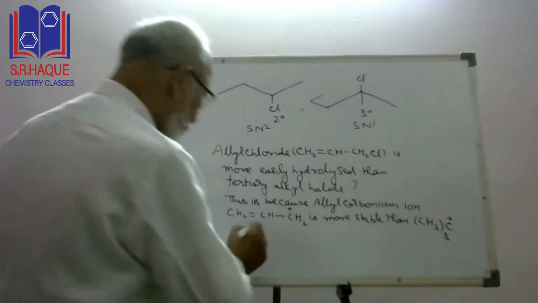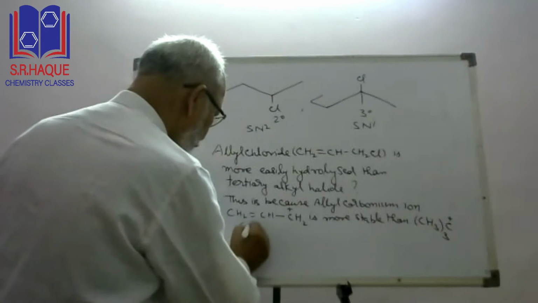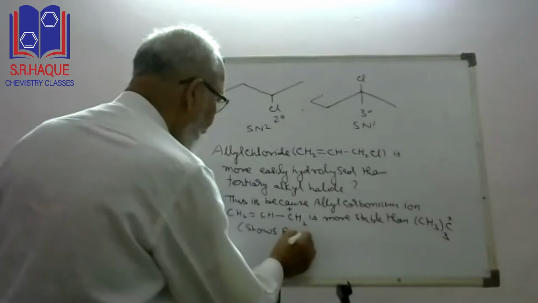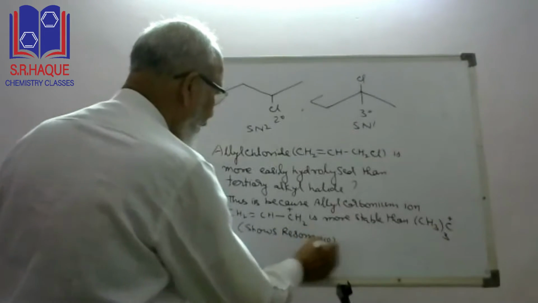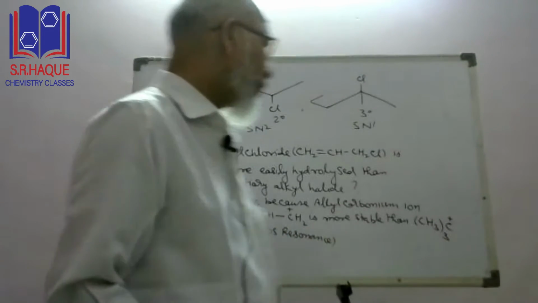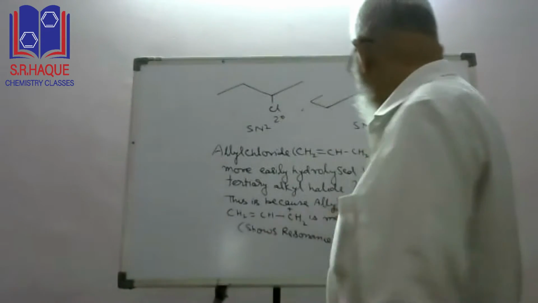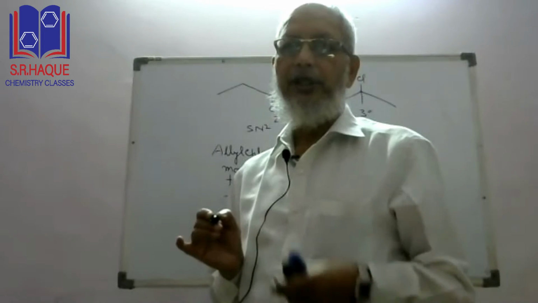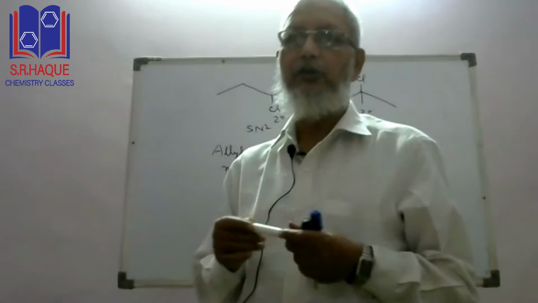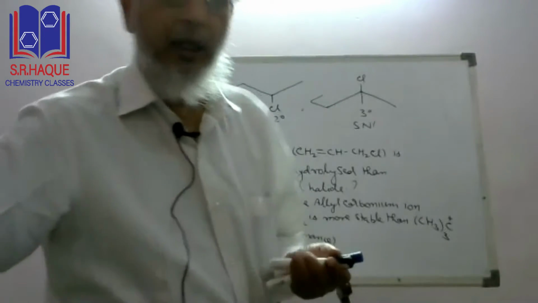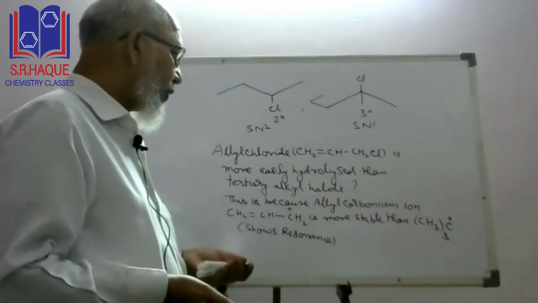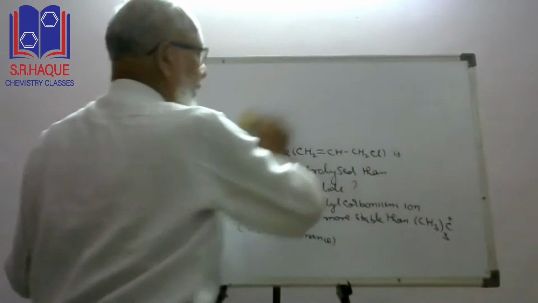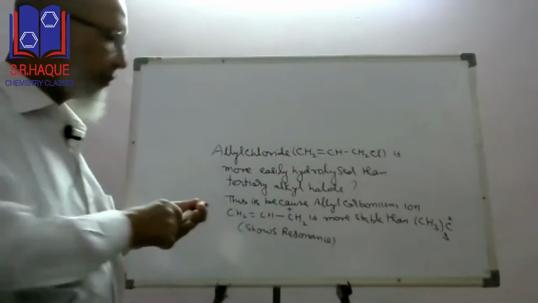And why is it more stable? This shows resonance, or it is stabilized by resonance because of positive charge double bond conjugation, and this is stabilized by hyperconjugation, and the resonance factor dominates over the hyperconjugative factor, and that's why allyl carbonium ion is more stable in comparison to that of the tertiary alkyl carbonium ion.